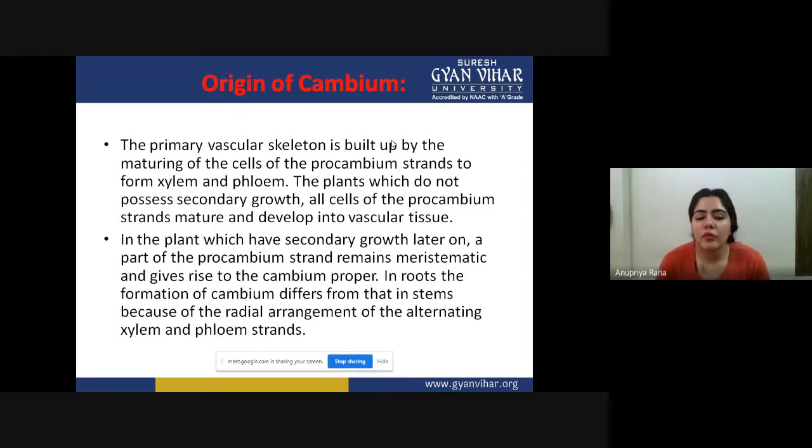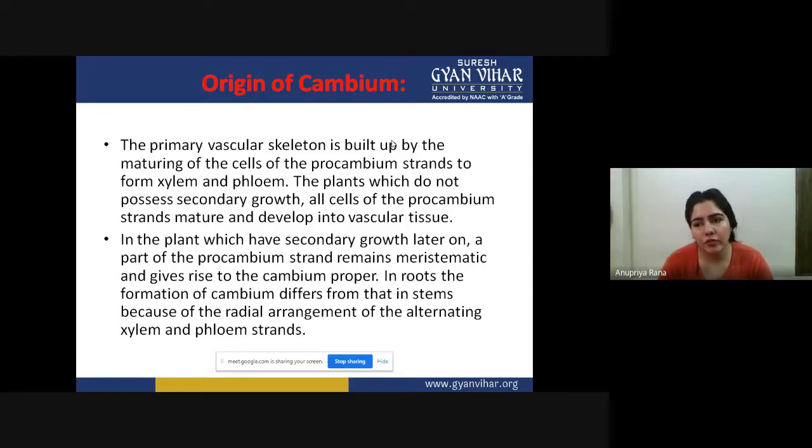So in roots, the formation of cambium differs from that in the stem because of the radial arrangement of the alternating xylem and phloem strands. So there will be some difference between secondary growth inside the stem and secondary growth inside the root. These two are very different things because of the arrangement of xylem and phloem.